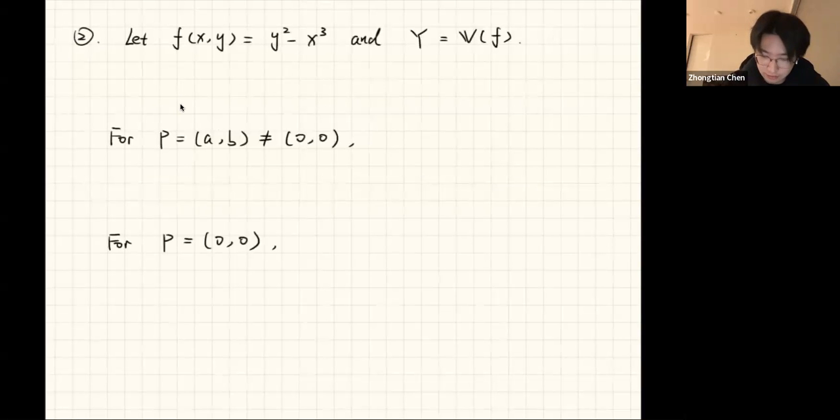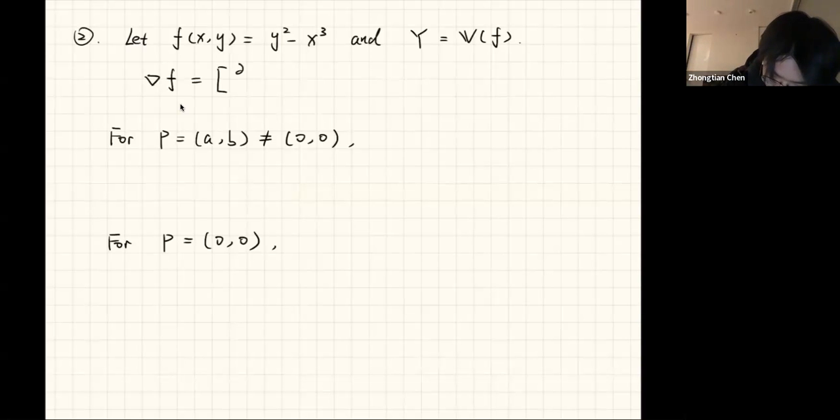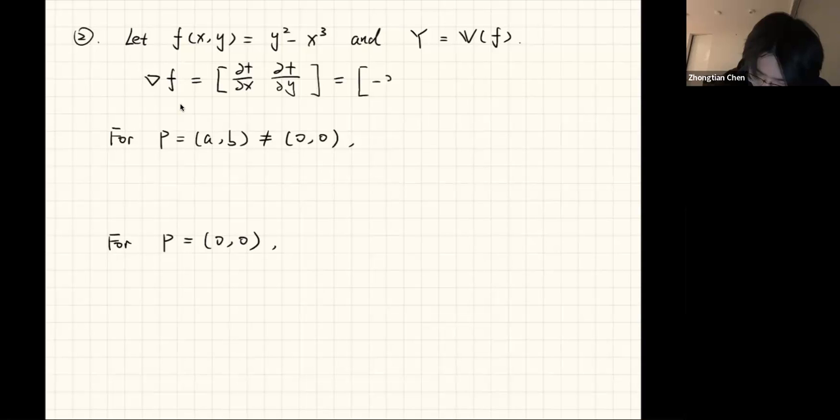Let's have a look at whether our intuition is correct in the singular case. Again, for this polynomial, we first compute its Jacobian, (3x squared, 2y).